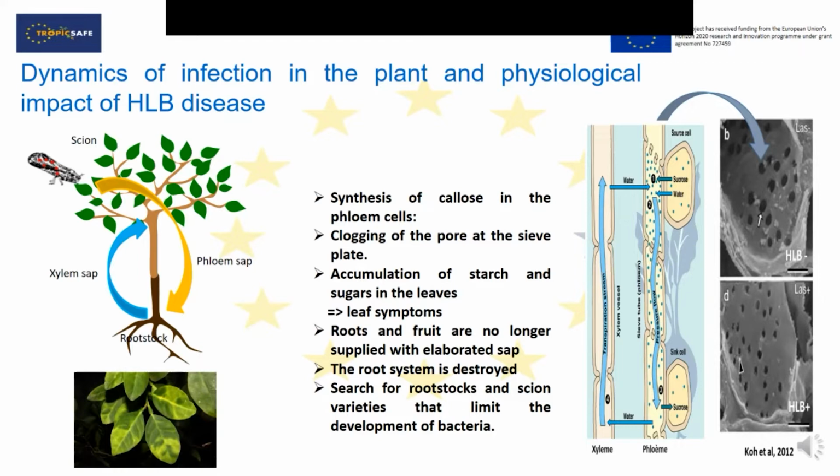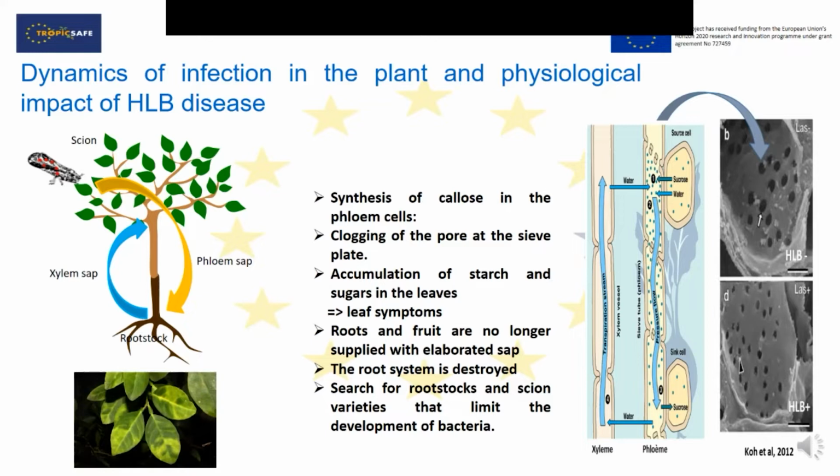That means the synthesis of callose in the phloem cells, and this synthesis of callose will lead to the plugging of the pores in the cells. On the right of the screen, at the bottom, for the HLB positive sample, the pores are smaller because of the callose.